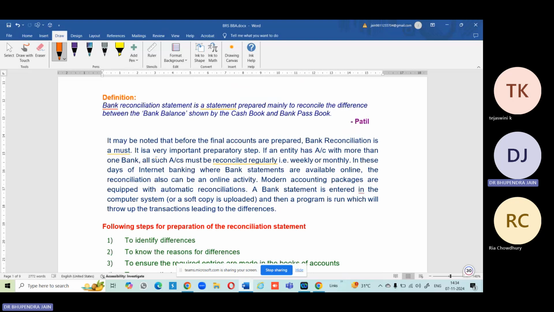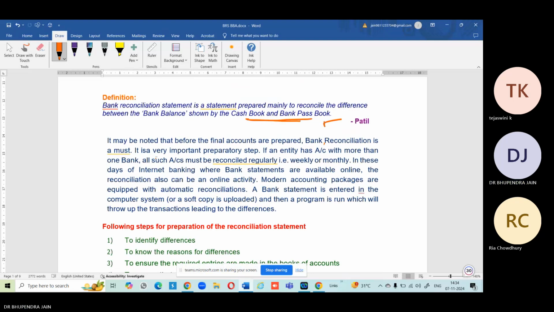One of the authors, Patil, gave one definition regarding bank reconciliation. So bank reconciliation statement is a statement prepared mainly to reconcile the difference between the bank balance shown by the cash book and the bank passbook.